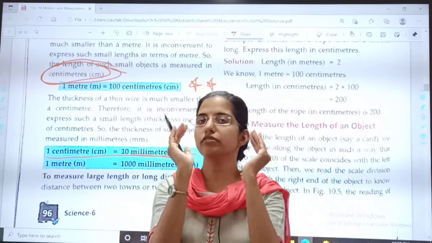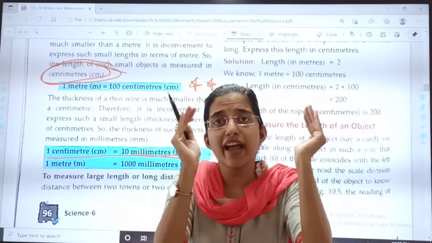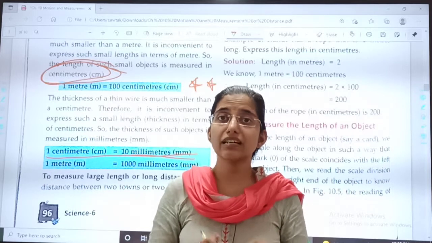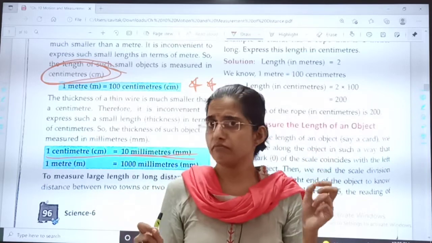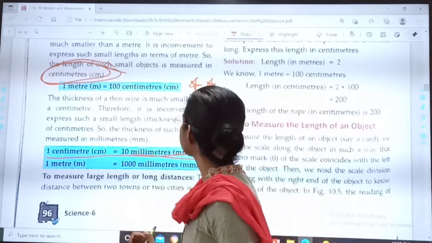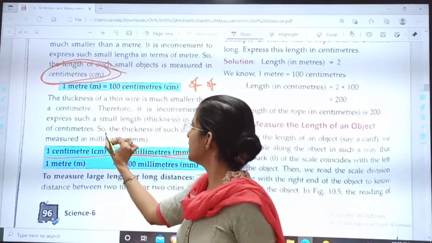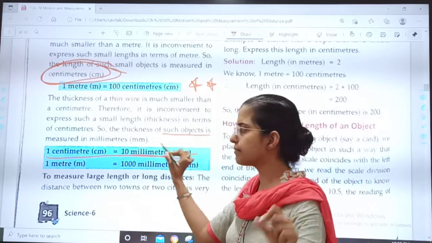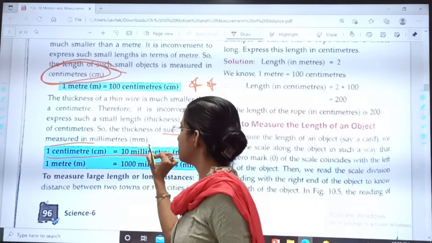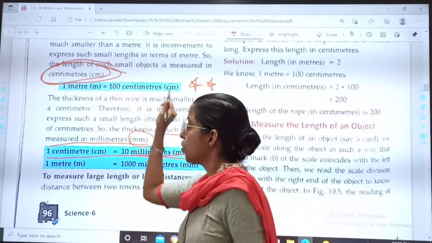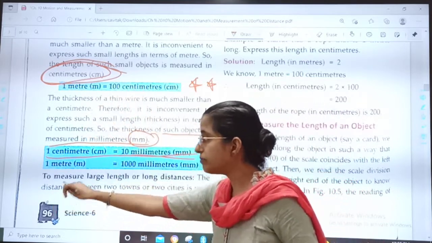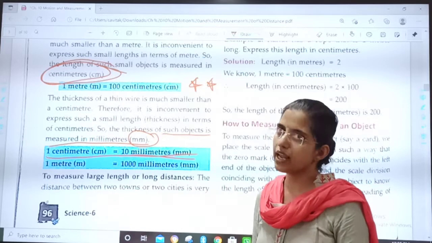Small unit we use centimeter. Very small we use millimeter. For example, thickness of a wire, it is very small. So thickness of such objects which are very small, for example wire, are measured in millimeter mm. 1 centimeter is equal to 10 mm, 1 meter is equal to 1000 mm.